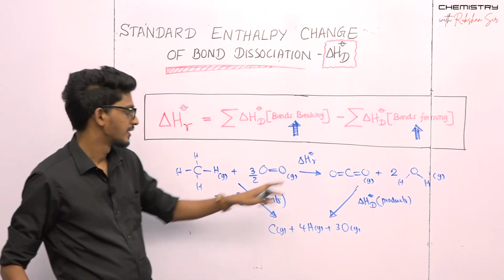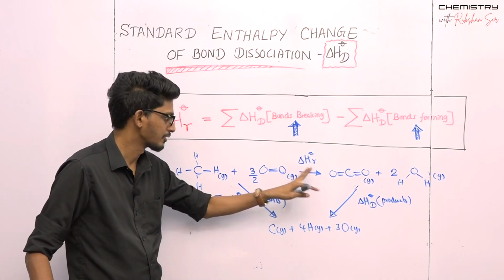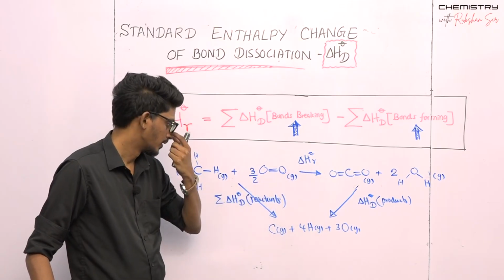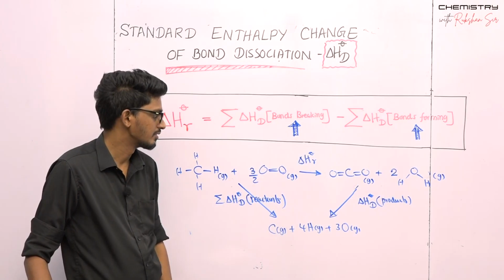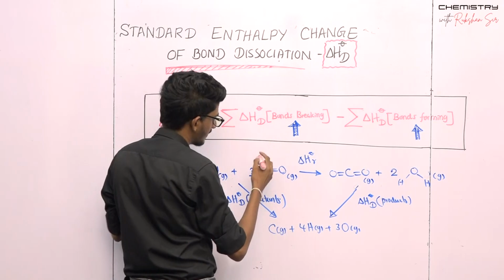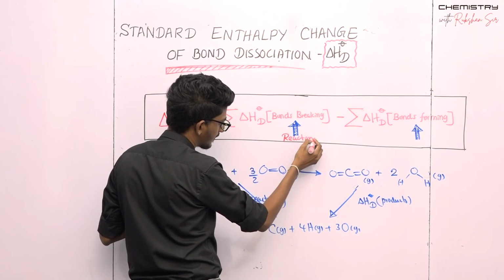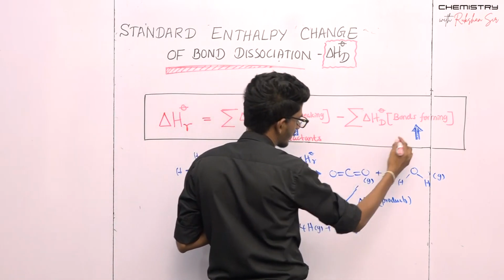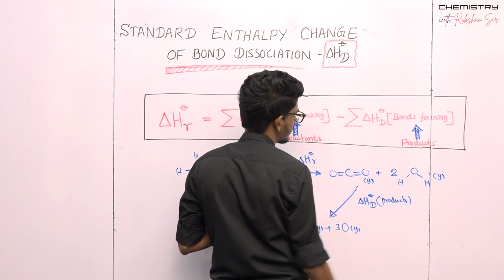So delta H R plus products is equal to reactants. Delta H R is equal to reactants minus products. That is a very special equation. So bonds breaking are the ones at the reactant side, and bonds forming are the ones at the product side.